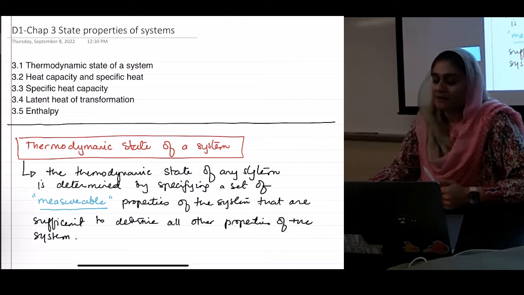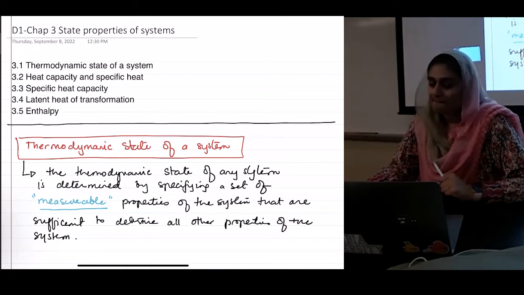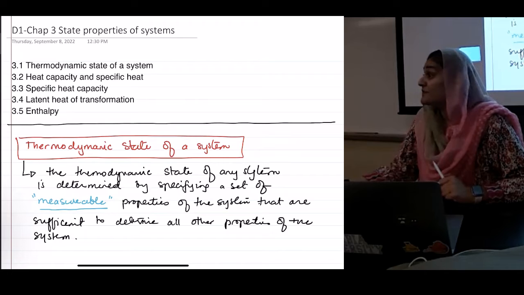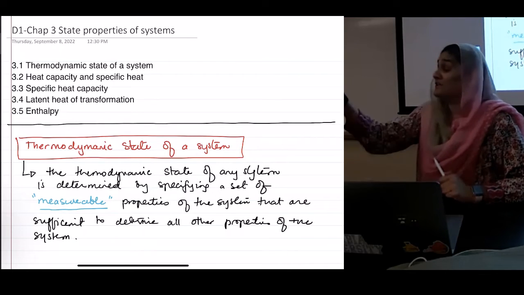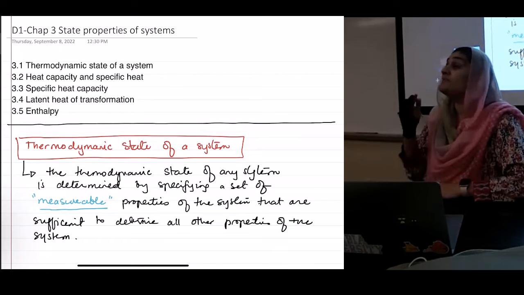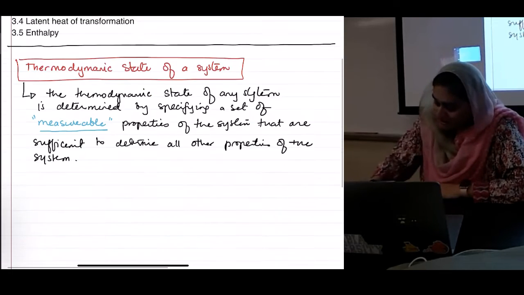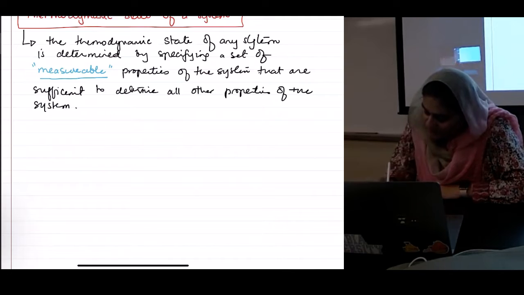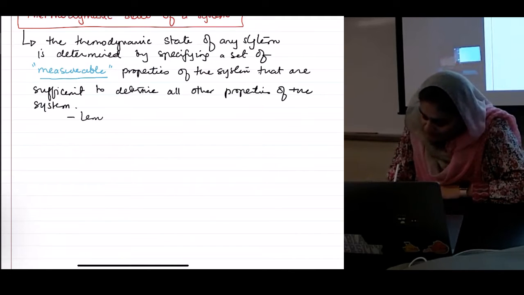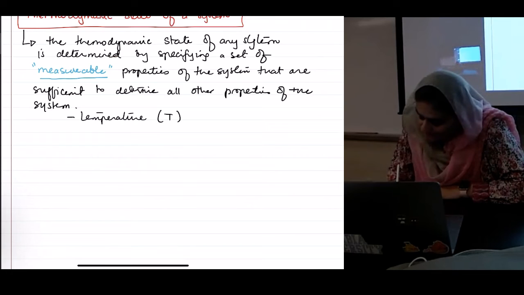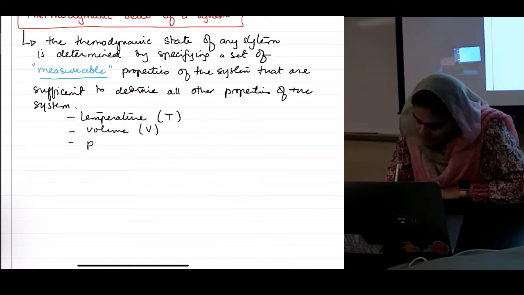What else can you tell me about the system? Volume of the system. Is it a big room? Is it a tiny room? Pressure. So some of those measurable quantities include temperature, T, volume, V, pressure, P.